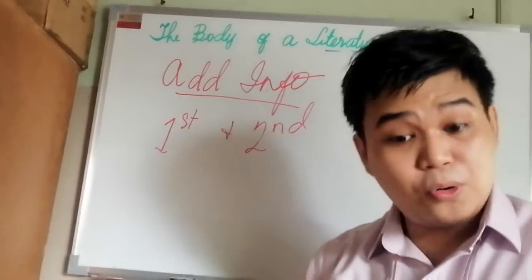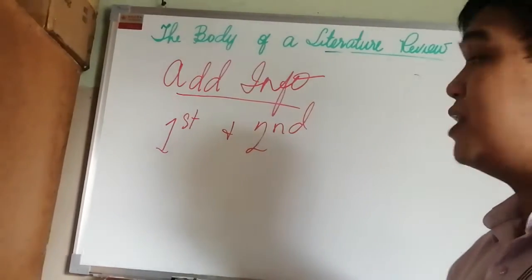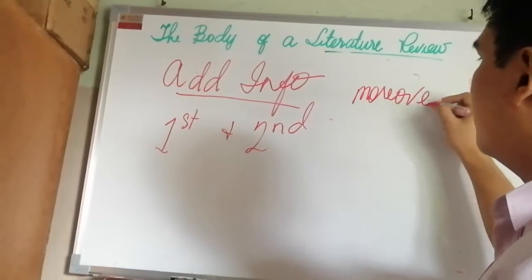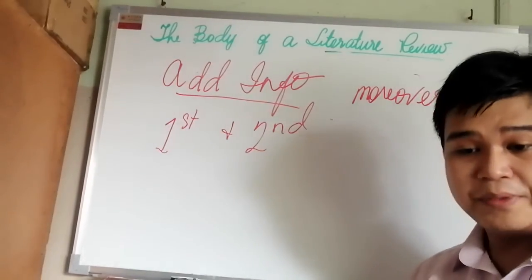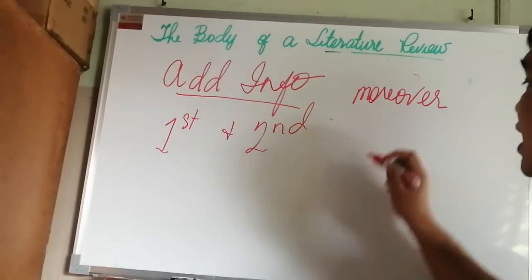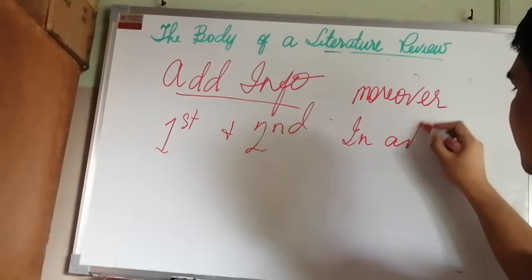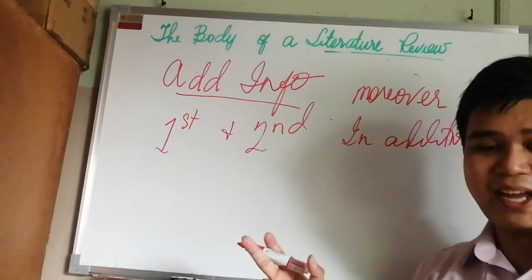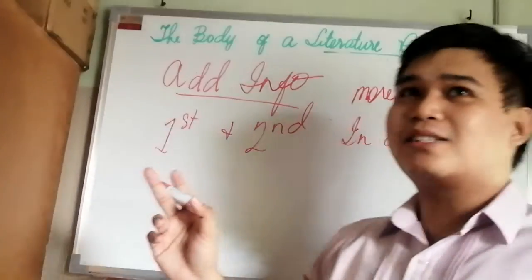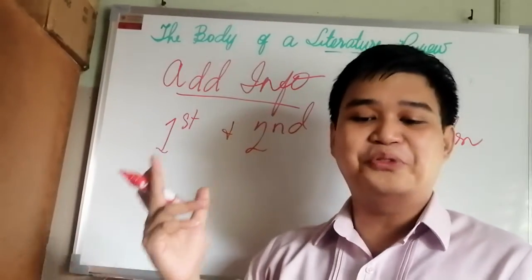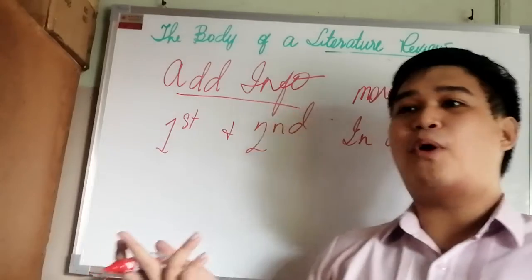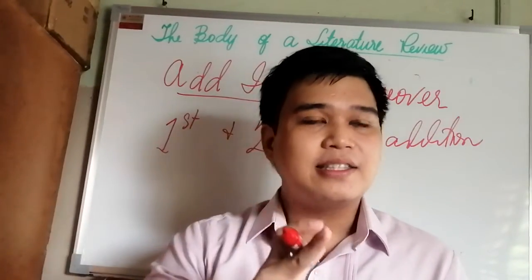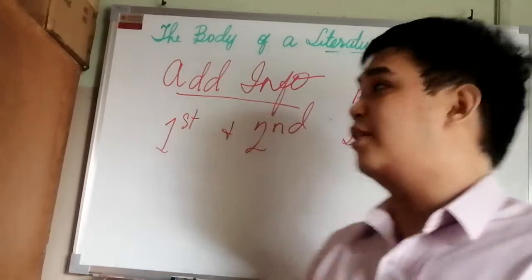And the most used dyan, yung pinakagamitin, ay yung moreover. Diba? Okay. Ano pa? Meron din tayong ginagamit na in addition. Pag may mga transitional device ka, ang ganda pakinggan, diba? Kasi it makes you more aware of the information, the related data or related concepts that can support you.